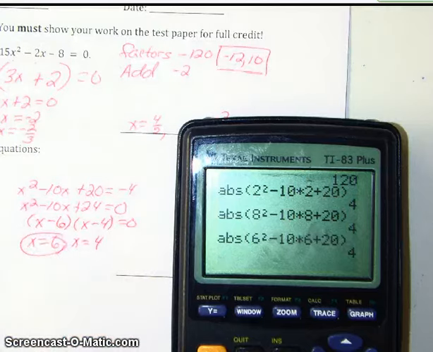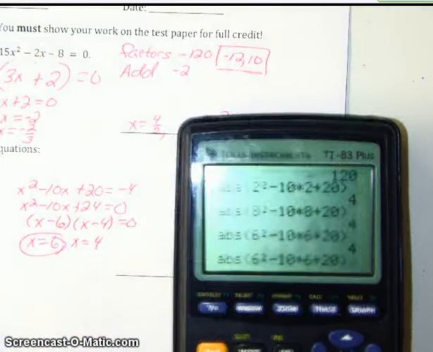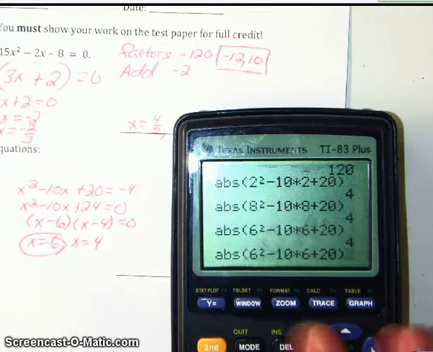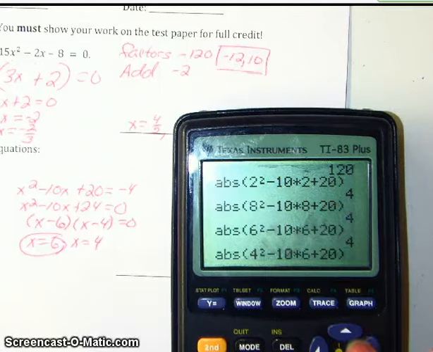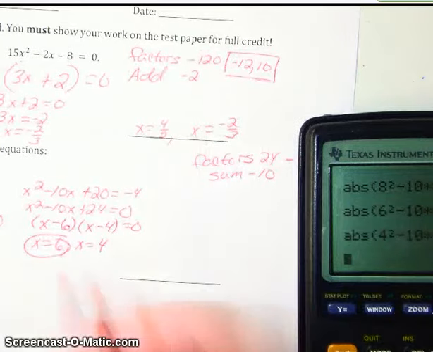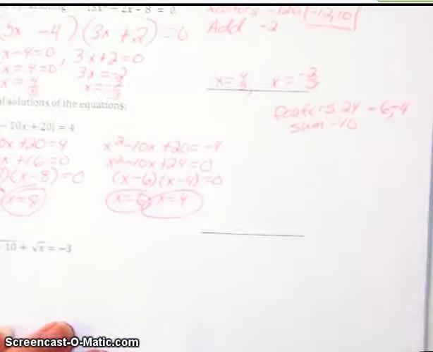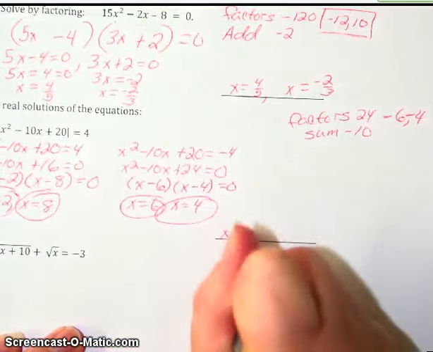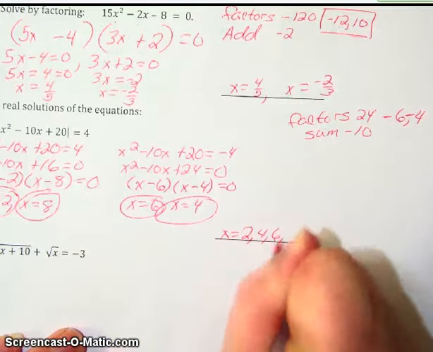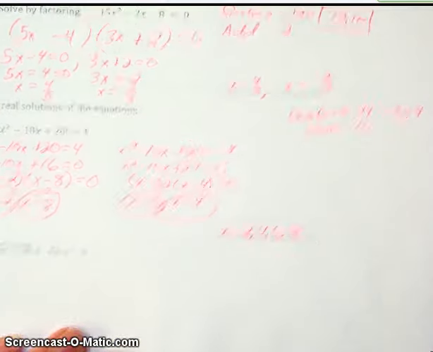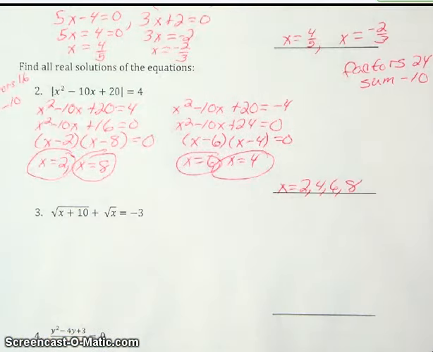Okay, and then I'm going to do the same thing, but substitute 4 in. All right, so I got 4, so 4 is a solution. Okay, so my 4 solutions are x equals 2, 4, 6, or 8. All right, problem number 3.